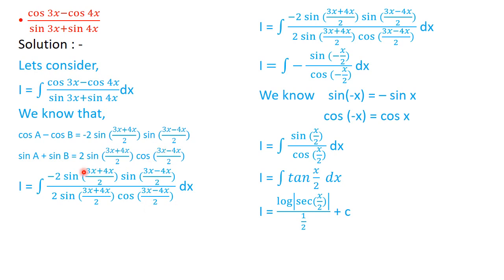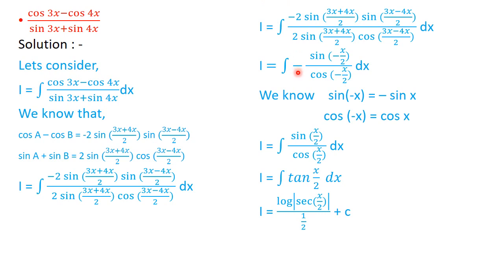Simplifying this, we will have minus, again sin of (3x plus 4x) by 2, these get cancelled, isn't it? And here theta is the same, and sin upon cos, but (3x minus 4x) by 2 is minus x by 2, and this negative sign is already there.